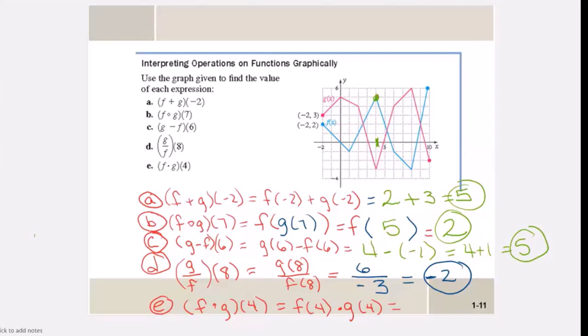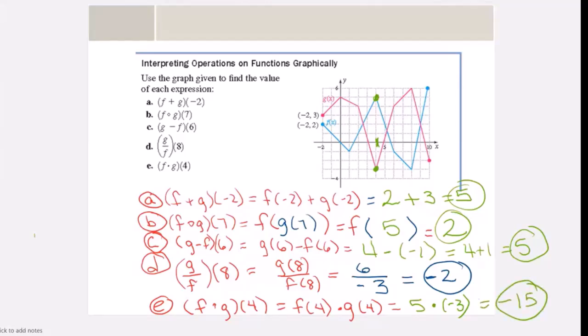There's f of 4. That's 5 times g of 4 right here, negative 3. This equals negative 15, and that's my solution.